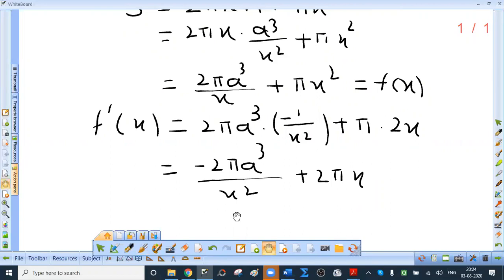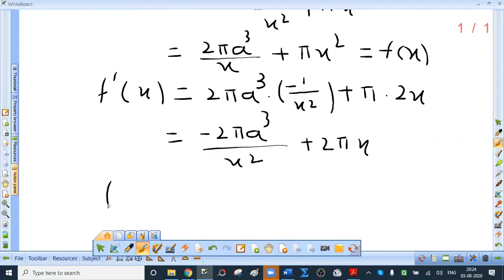Now we have to find f double dash of x also. So f double dash of x is nothing but again the same thing, minus twice pi a cube is constant. I will write the derivative directly. See, this is 1 upon x square. What is derivative of 1 upon x square? That is x raised to minus 2, it is minus 2 x raised to minus 3.